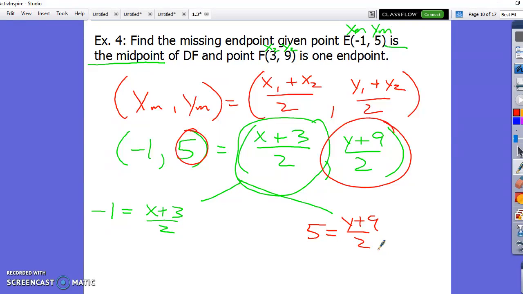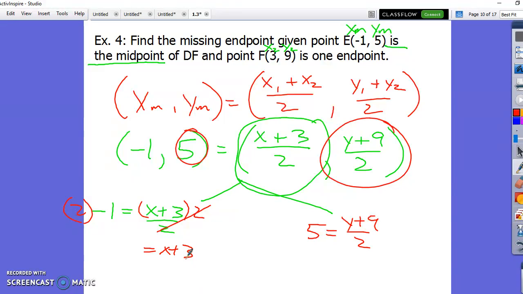Okay, yeah? All right, now, we have to solve for x. Annie, what would you do to solve for x? Yeah, we want to multiply both sides by 2. And when I do that, 2's cancel on the right, leaving just x plus 3.